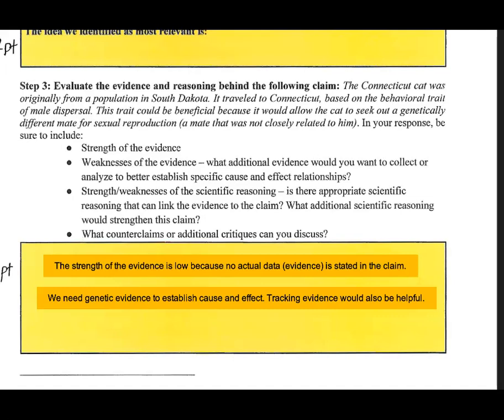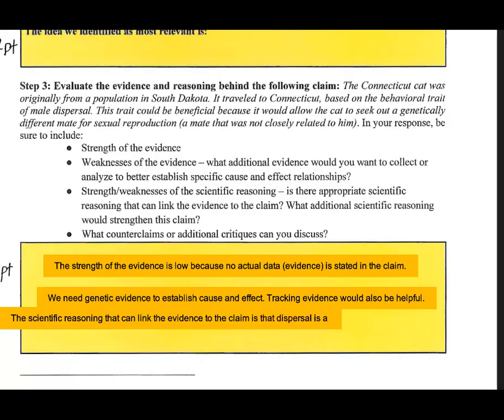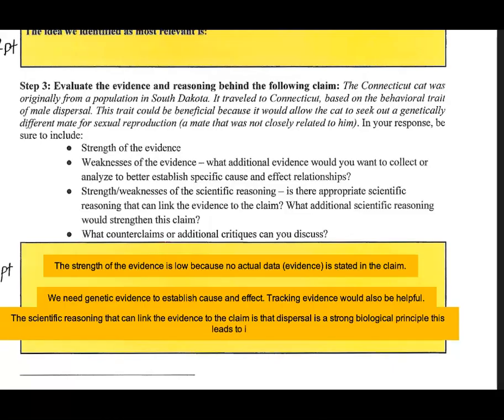So let's see. The scientific reasoning that can link the evidence to the claim is that dispersal is a strong biological principle, and this leads to increased diversity, right?